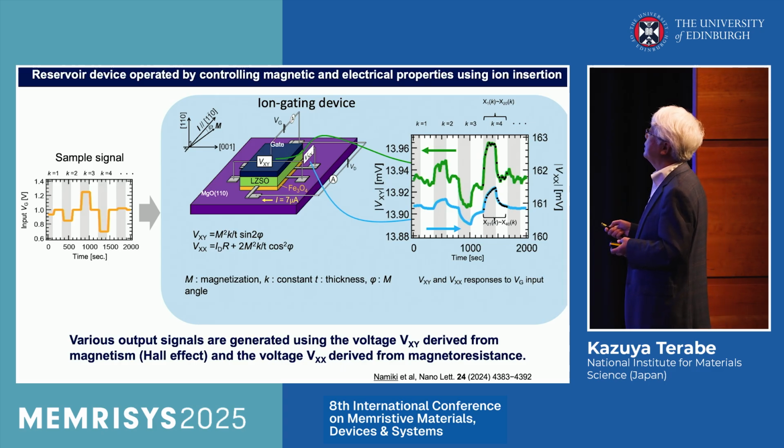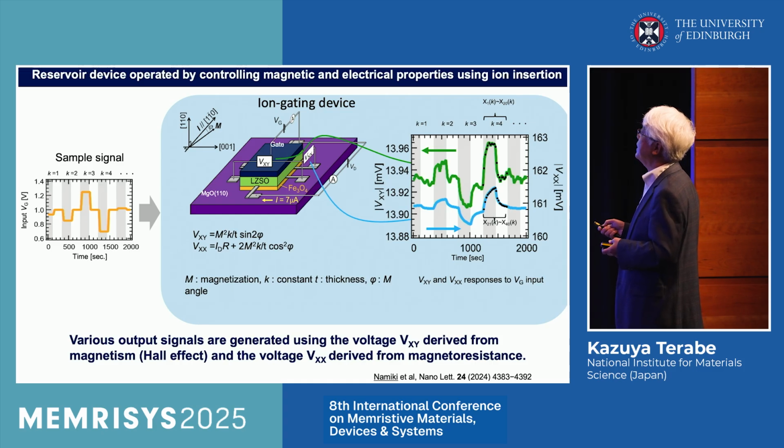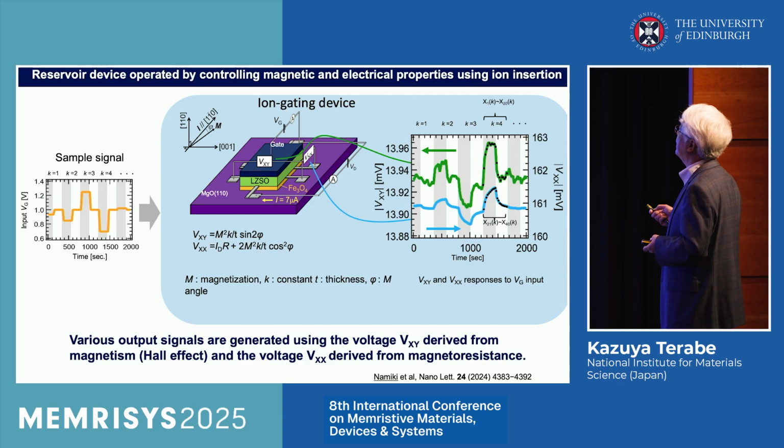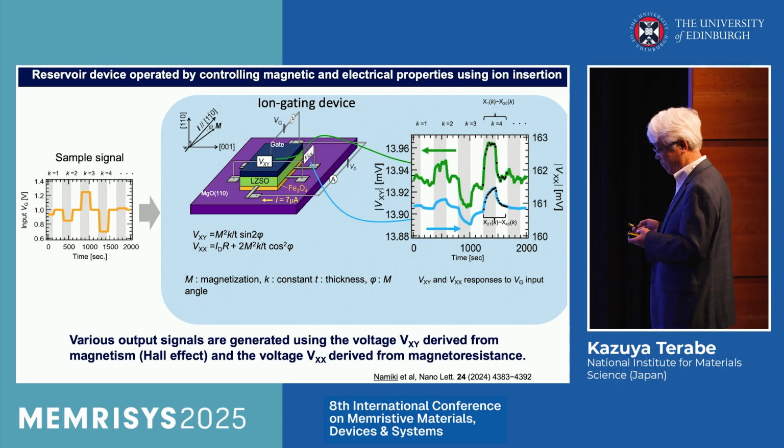And also between this electrode, we can obtain the voltage change. This is derived from the magnetism, which is also related to the Hall effect. This is the output signal like this.